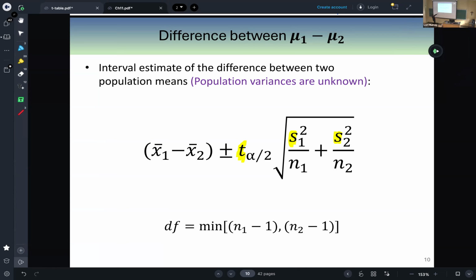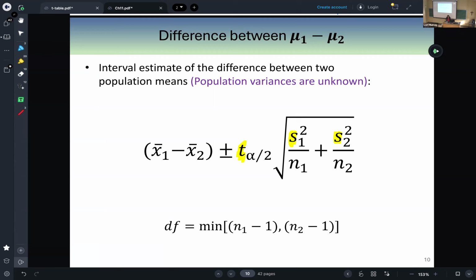So the conservative method is what we're going to use. There is an elaborate formula, but it's just too cumbersome when we're using calculators. If you're using Excel, great, but if you're using just a calculator, use this conservative method. It's very, very straightforward. You take the minimum of either n subscript 1 subtract 1 or n subscript 2 subtract 1.